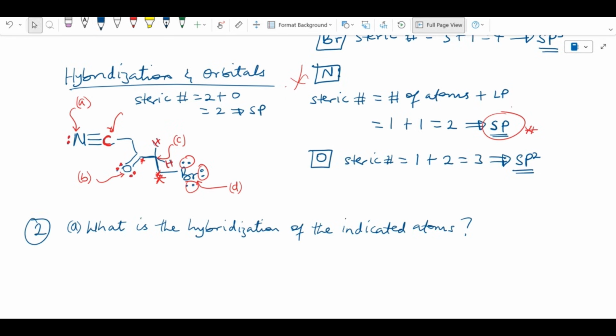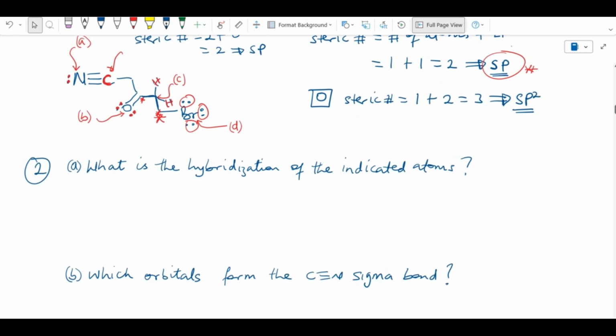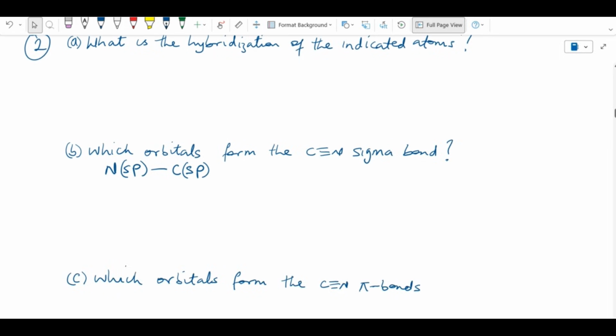So this simply means that the nitrogen will use its sp hybridized orbital to form the bond with the sp hybridized orbital of carbon. Each atom, the nitrogen and carbon, uses its respective sp hybridized orbital to form the sigma bond. Now the next question asks us to determine which orbitals form the carbon-nitrogen pi bonds.